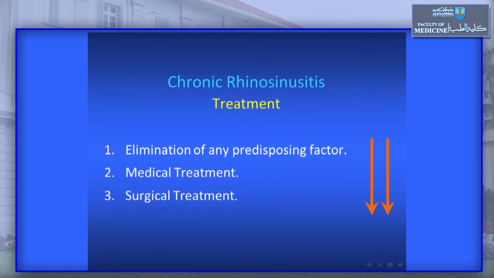The next step is to prescribe medical treatment, which may include antibiotics. Here the antibiotics should be culture directed. Sometimes an antihistamine or topical steroid are prescribed. Occasionally short bursts of systemic steroids are given, and in all instances the medical treatment is very much tailored on the patient history as well as the endoscopic examination.